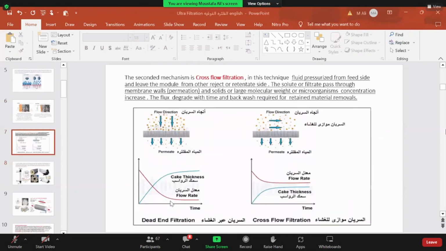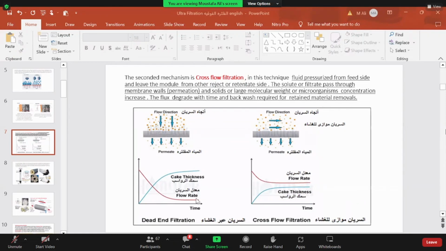If we check this figure, it shows us dead-end filtration against cross-flow filtration. This is the time, and we have two axes: the first gives the cake thickness, and the other the flow rate. We can easily notice that the flow rate starts to decline gradually with time, while the cake thickness increases due to the build-up of the cake layer on the membrane surface.